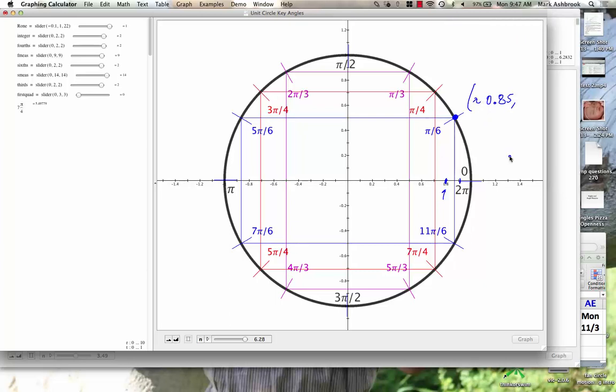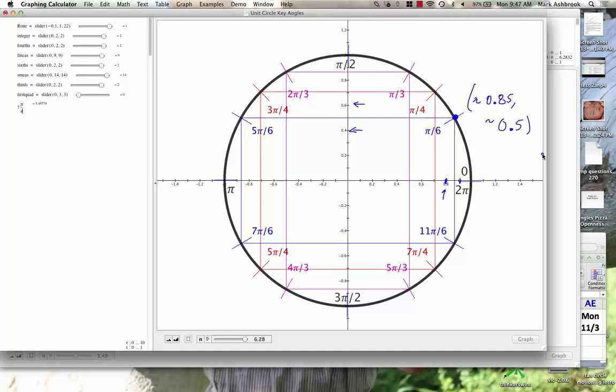What is our definition of sine? 0.5, she's saying 0.5. So look in here. Here's 0.4. Here's 0.6. How about her estimate of 0.5? Yeah, it looks really close to 0.5, right? It looks like it's right on it.